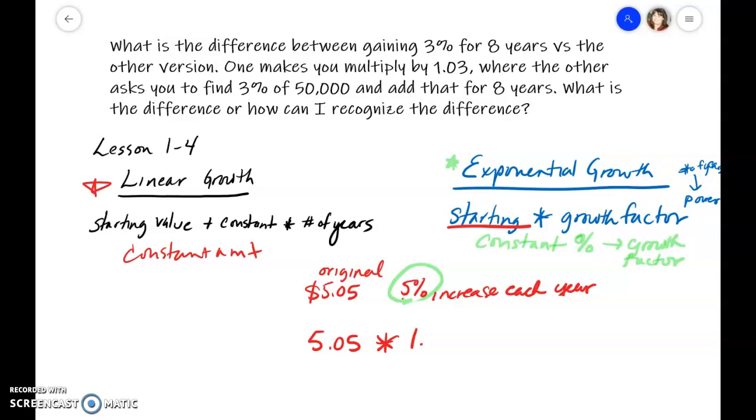My growth factor is going to be always 1 plus the percentage written as a decimal, raised to the number of years. So in this question it said 12 years. I'm going to put a 12 here.